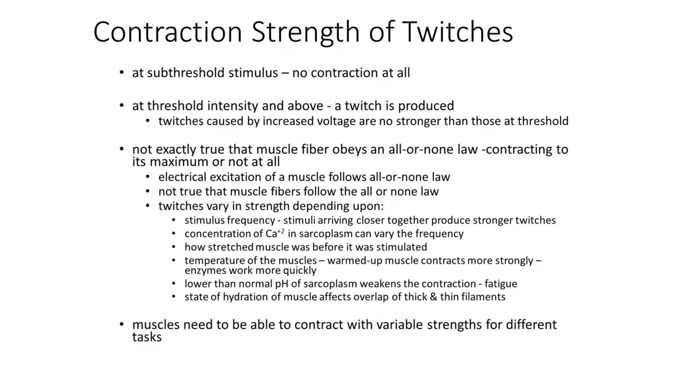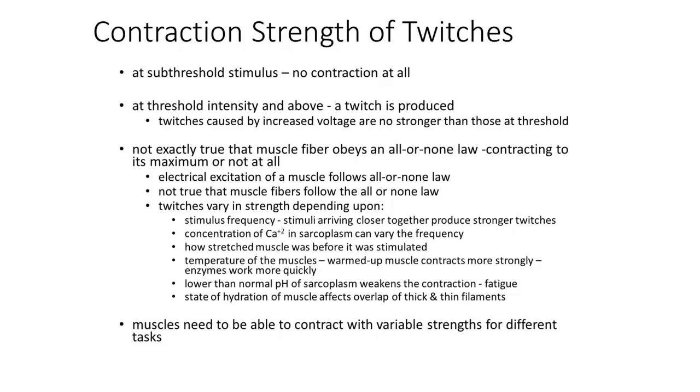The stimulus frequency, where stimuli arriving closer together produce stronger twitches; the concentration of calcium in the sarcoplasm, which can help vary the frequency; how stretched the muscle was before it was stimulated; the temperature of the muscle, meaning was it warmed up, because warmed up muscles will contract more strongly because the enzymes are working more quickly.